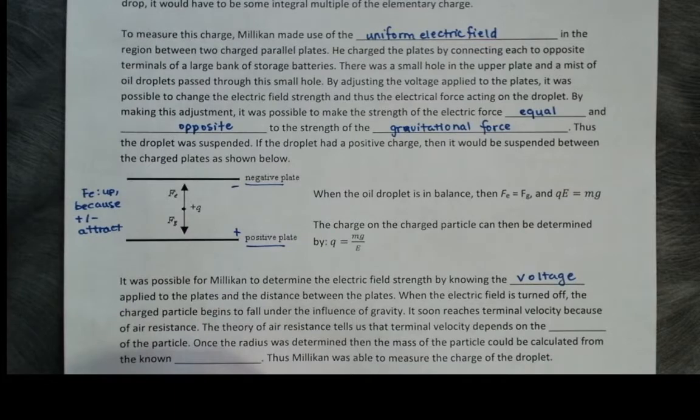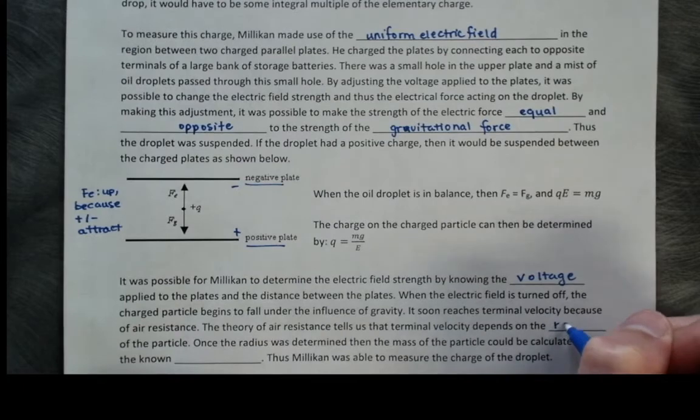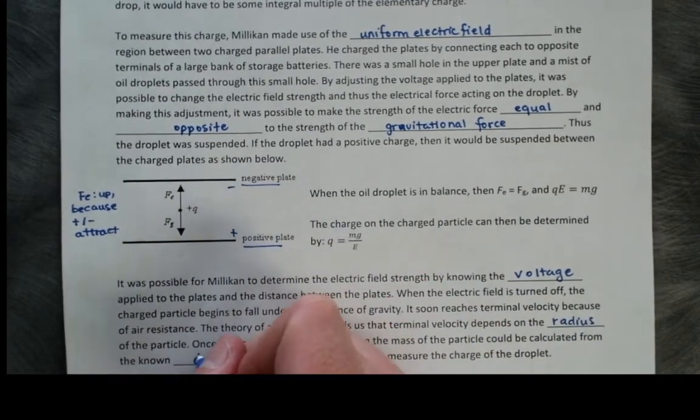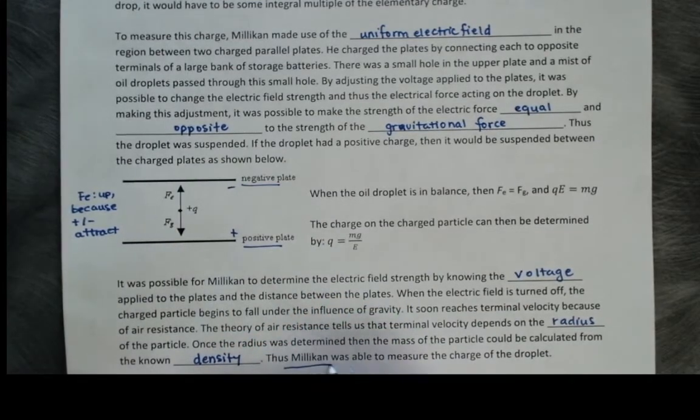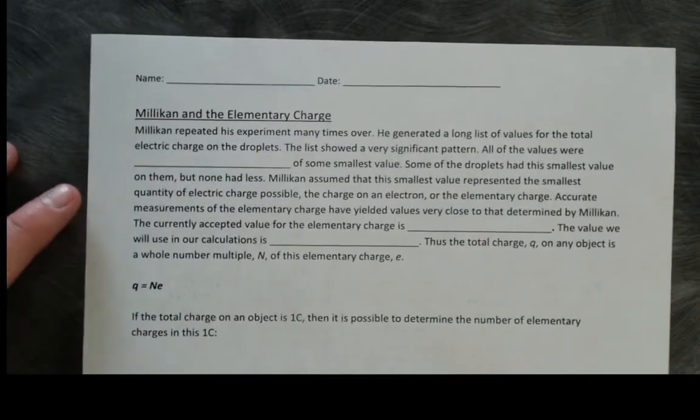So once the radius was determined, then the mass of the particle could be determined. And that would all happen due to density. Okay? So he was essentially able to measure the charge of a droplet. Okay? Crazy. You're not going to have to tell me this story again, I promise.